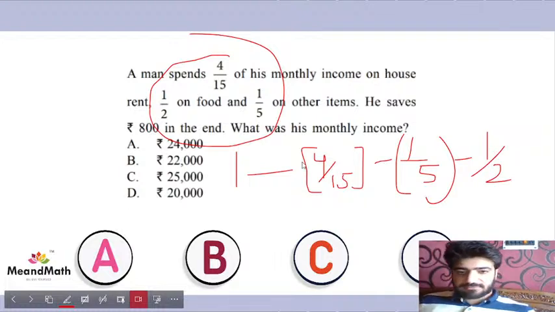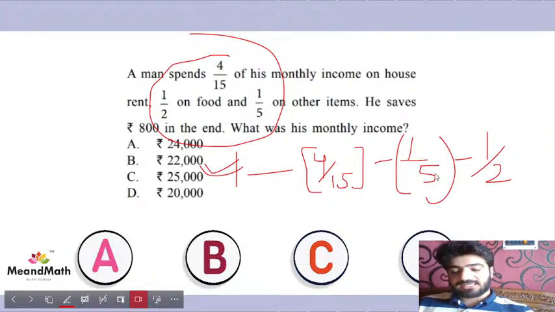Whatever that fraction comes as, that fraction of a number is equal to 800. What is that fraction? Has anybody solved? Tell me. 1 minus 4 by 15 minus 1 by 5 minus 1 by 2.